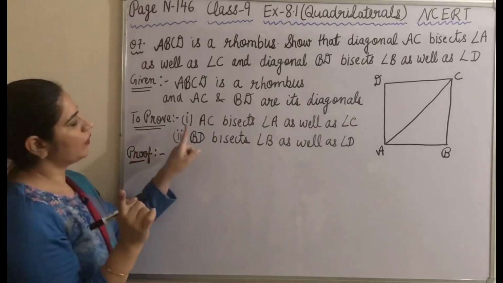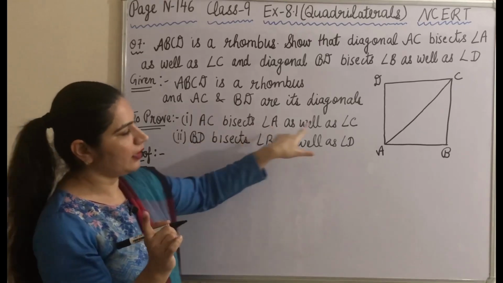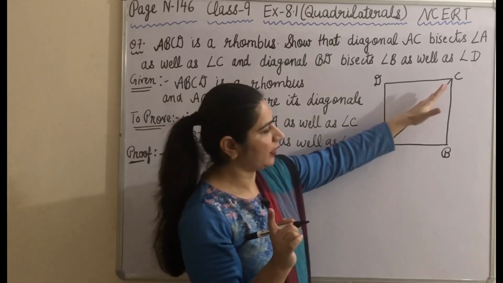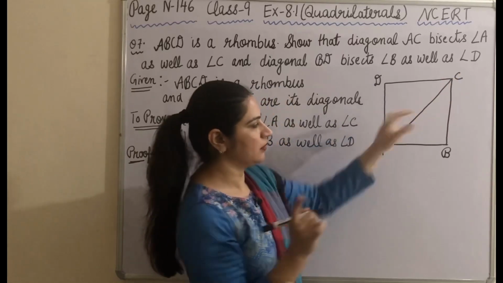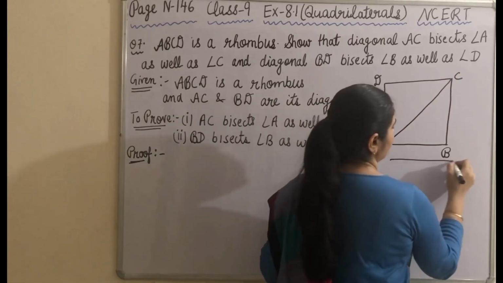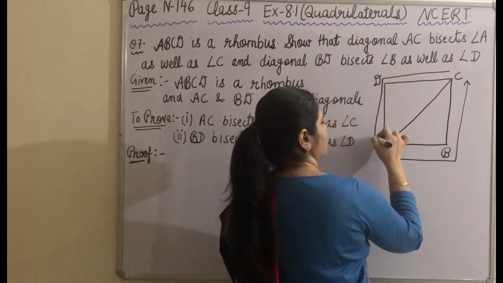As we know, here we have to prove this AC bisects angle A and angle C. So this diagonal AC is bisecting the rhombus into two equal parts. So I'll take this triangle and I'll take this triangle.